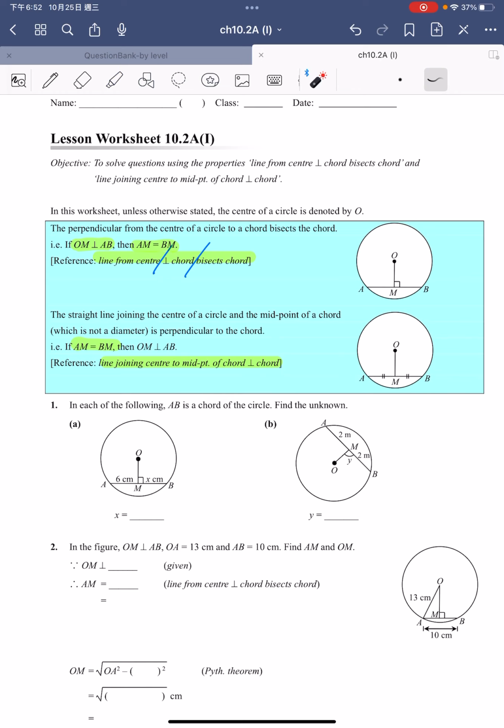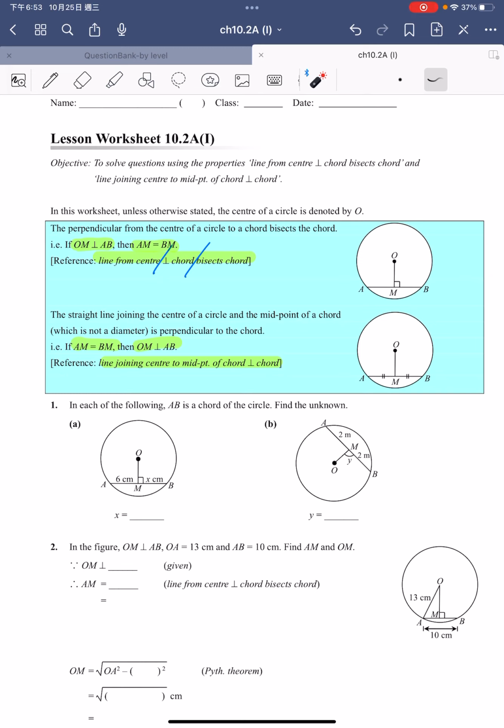It's actually just the reverse of the first theorem. If we have AM equal to BM, then we can say that OM is perpendicular to AB. So there are two different theorems, quite long, but they're just the reverse of each other.